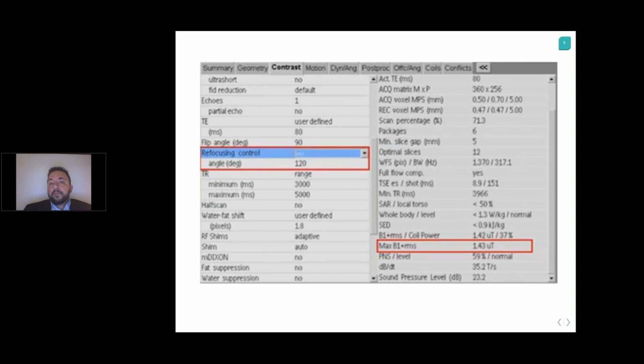SAR levels. So on the right column of this particular screenshot of an example, our SAR whole body is 1.3 watts per kilogram, well within specifications of keeping a low SAR setting. But below that, the B1+RMS at 1.42 microtesla.